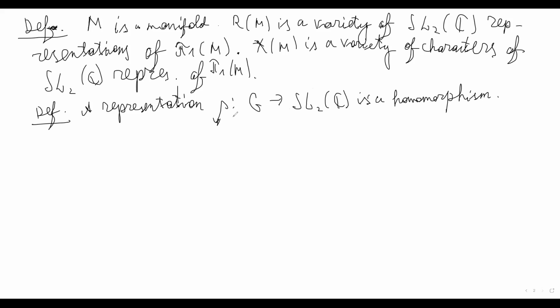Then each element maps to a matrix with determinant 1, and then a character of a representation on G equals the trace of rho of g.